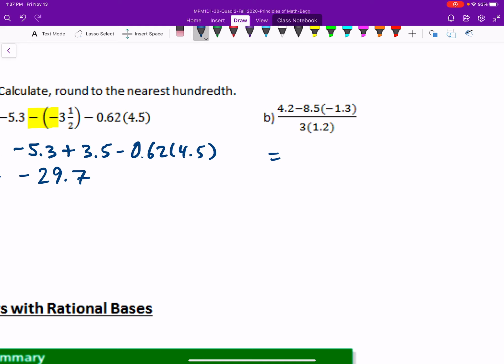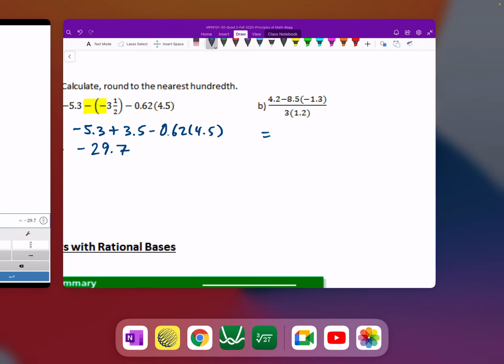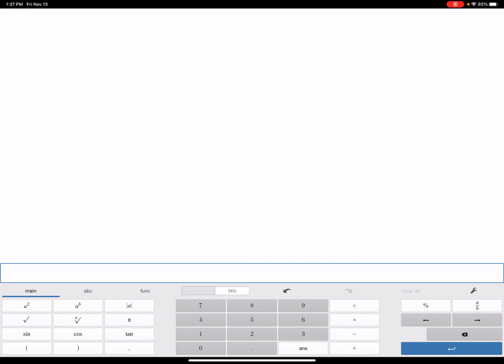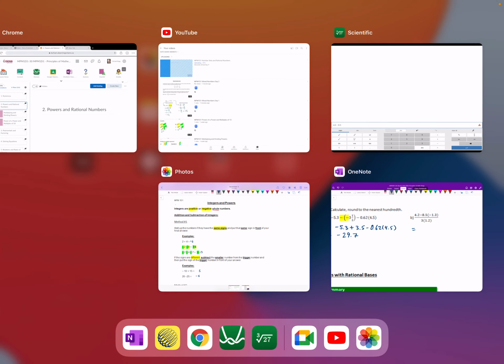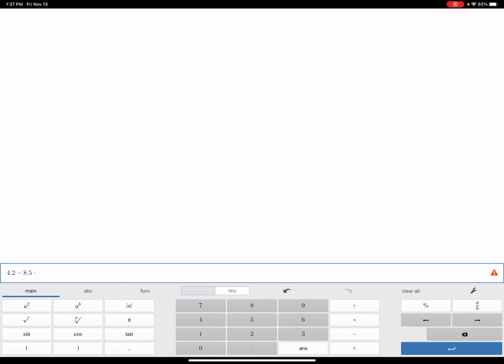I'm going to just do the numerator, 4.2 minus 8.5 times something, 4.2 minus 8.5 times negative 1.3.